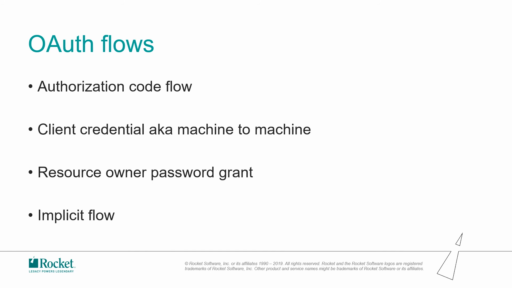So the app is acting as a client and is registered to the auth server, and then the client is making requests to the MVIS system. That would be the case of a client credential flow.